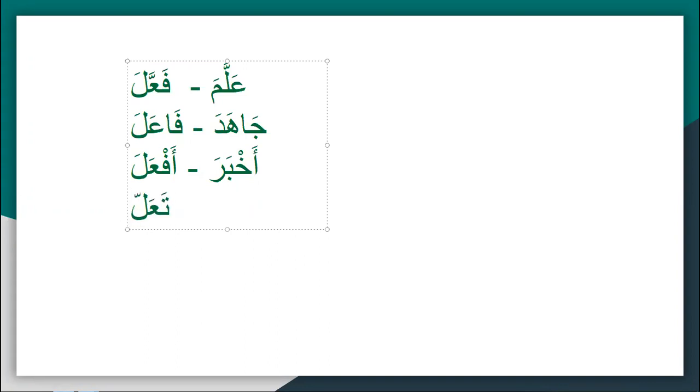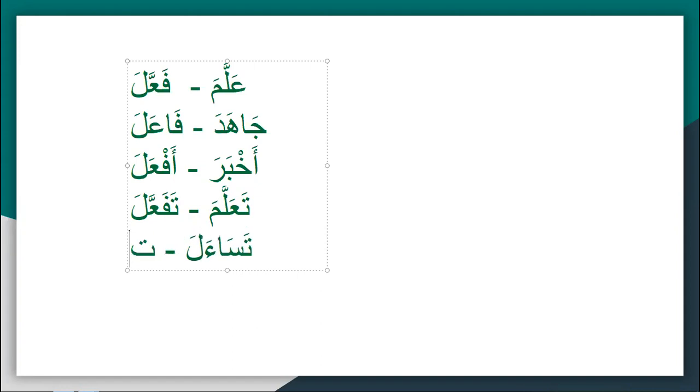So Ta'allama family, or we can say Tafa'ala family, right? And another family we have studied that also begins with ta is Tafa'ala family. So all those 5 families we have already studied, right?